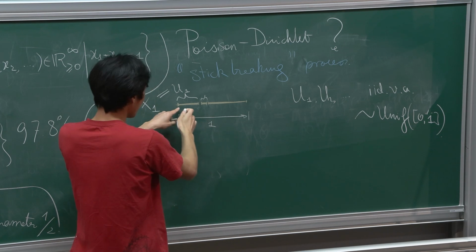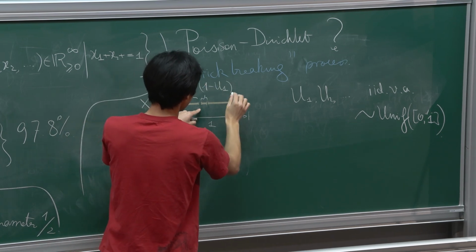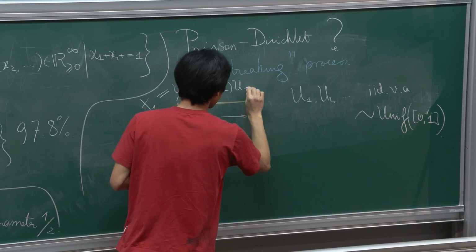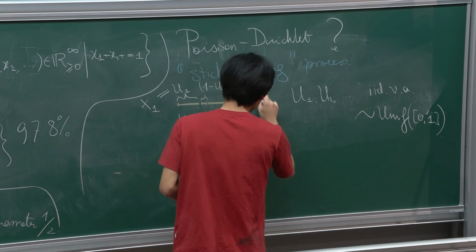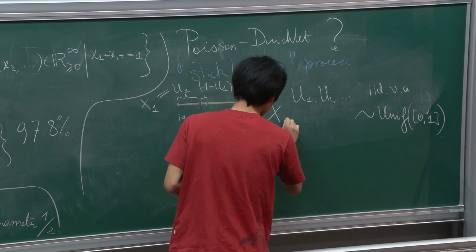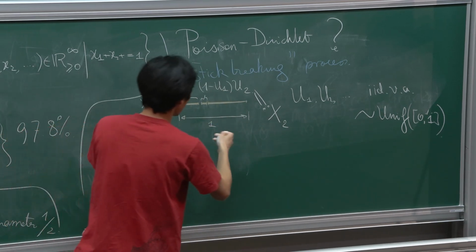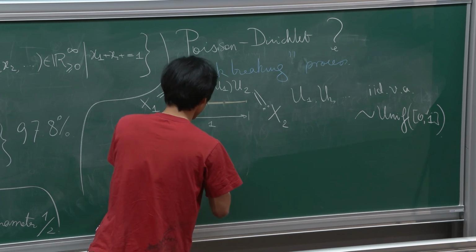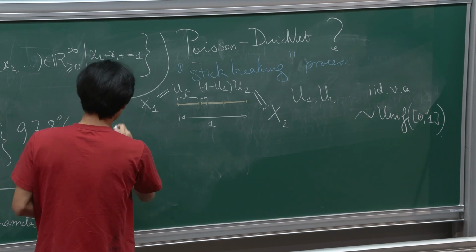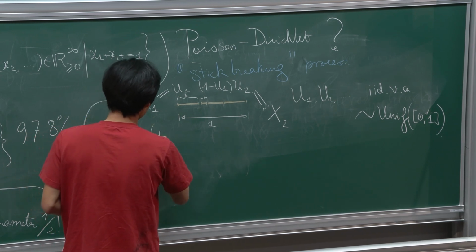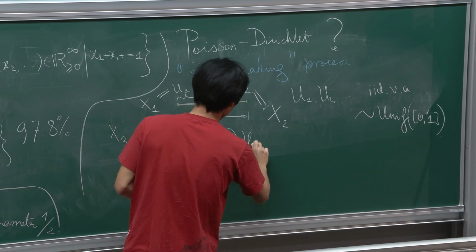It will be the length that survives after the first cut multiplied by the second number, and you define it as your X2. You continue, for example the third you will cut somewhere here, and so on. So X3 will be 1 minus U1 times 1 minus U2 times U3.